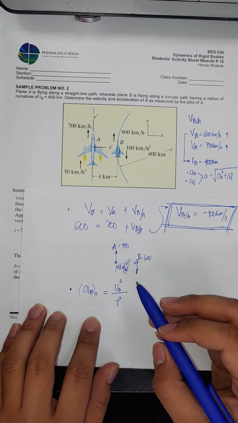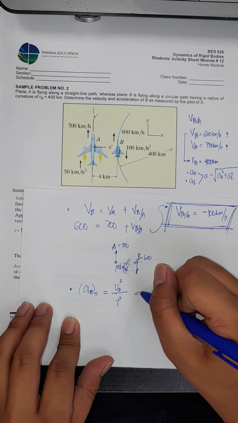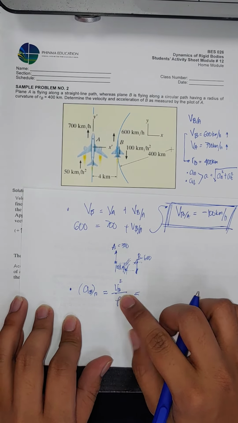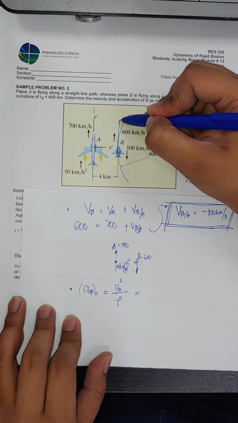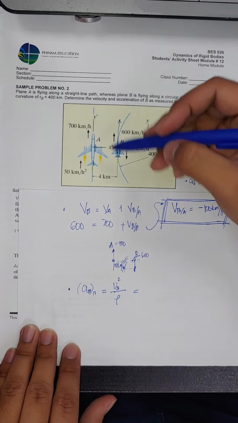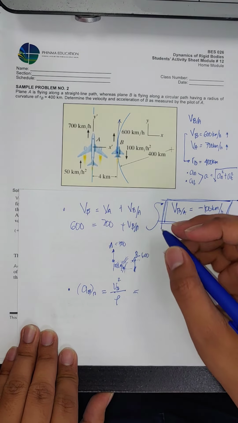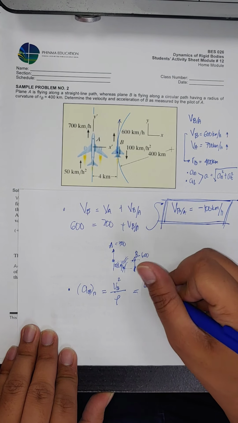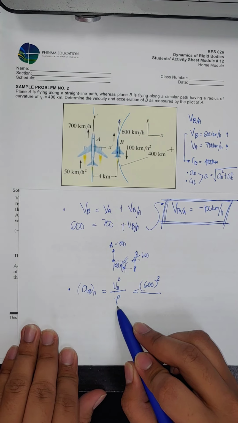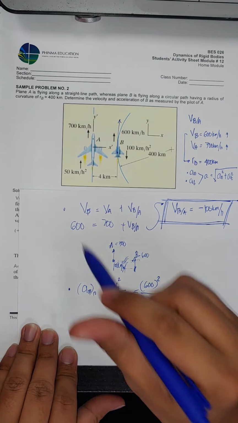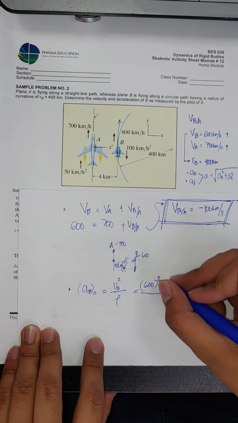This velocity is the tangential velocity, the one moving along the path. So the tangential velocity of B is equal to 600 kilometers per hour, squared, over rho. Rho here is the radius of curvature, which is already shown here. The radius of curvature is 400 kilometers.